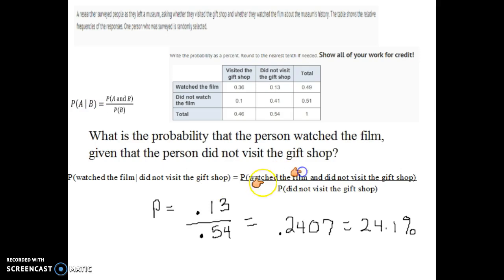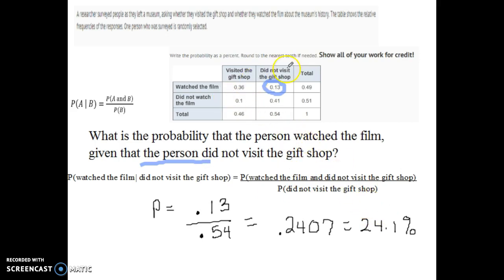So our numerator is going to be those that watched the film, the first part, and did not visit the gift shop. So watched the film, did not visit the gift shop. That's this number right here, 0.13. Our denominator is going to be the given that part. So did not visit the gift shop.